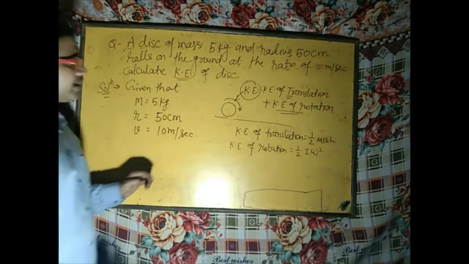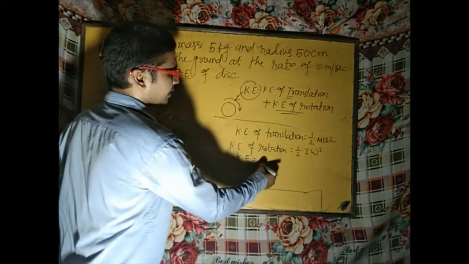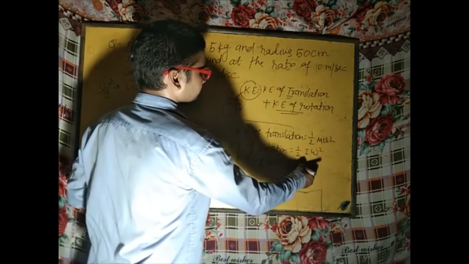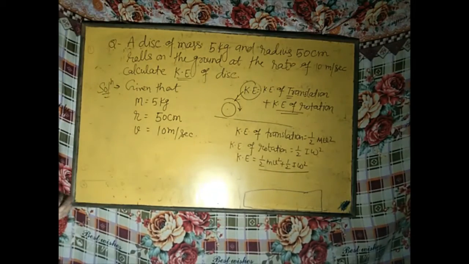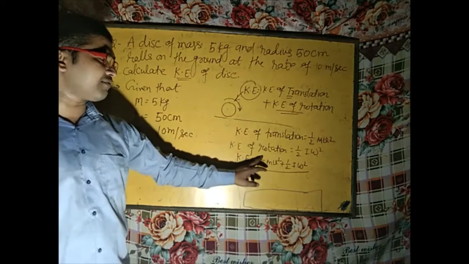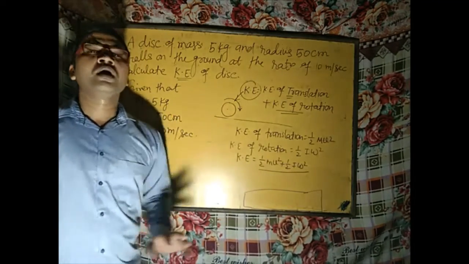Okay, so total kinetic energy can be calculated by 1 by 2 mv square plus 1 by 2 I omega square. So we are going to calculate first half mv square, then we will calculate half I omega square.